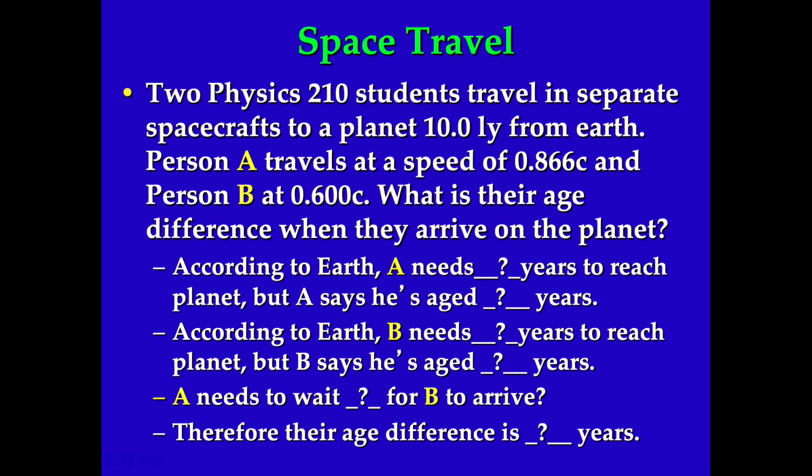So you need to figure out how much he or she has to wait for B to arrive. And then you're able to calculate their age difference. Okay? So those questions you see in this slide should help you to do that problem. So this is one of the problems you can do now because it's really time dilation.